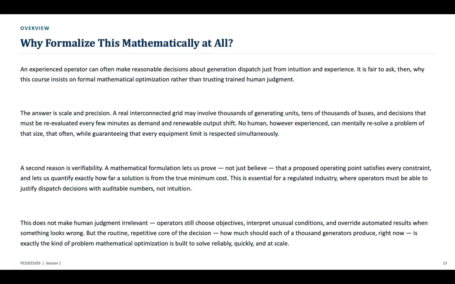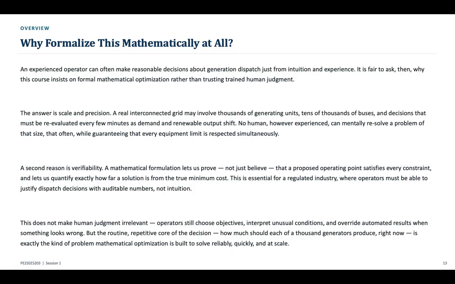The second reason is verifiability. See, mathematical formulation lets us prove, not just believe. It comes with a mathematical proof that a proposed operating point satisfies every constraint. You'll have all the operating points in figures, in numbers. So if one number is varied or exaggerated a bit, you can understand the constraint.